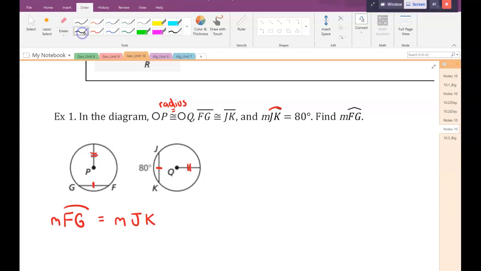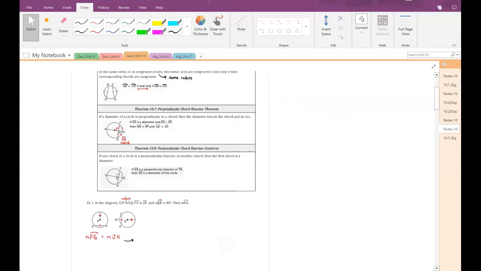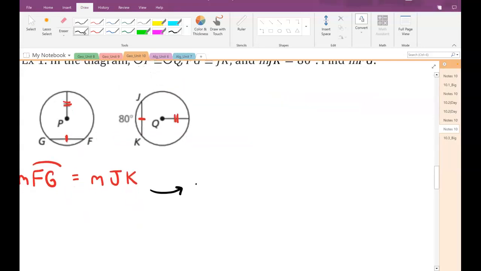And why that is, if you want to give some justification, is because of this first theorem that we talked about on the top. What was it? 10.6. Because since we can go both directions, if our two chords are equal, then our two arc measurements can be equal.